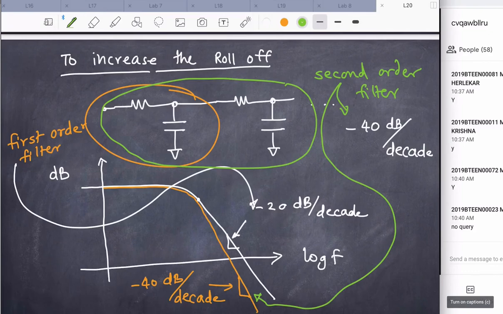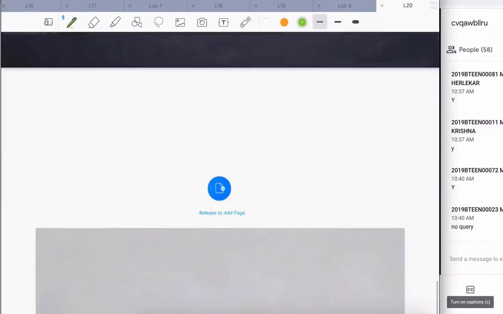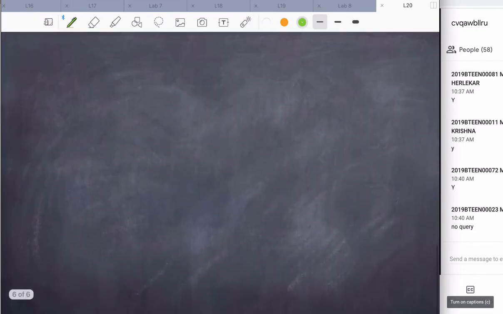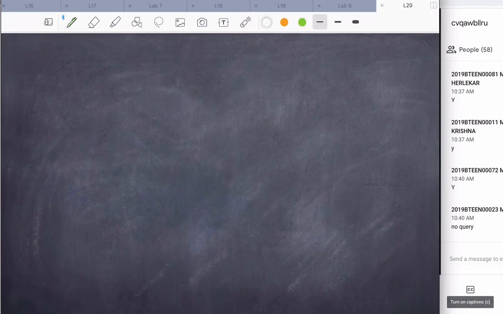Okay, fine. So, let us understand why we need an active filter when we are able to build a circuit using RC components. Why do we need an op amp?